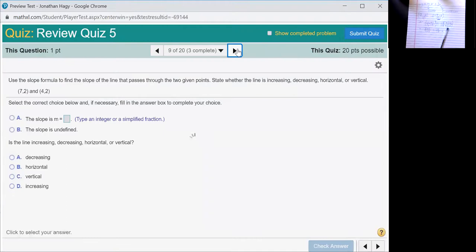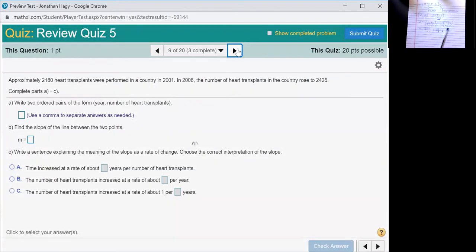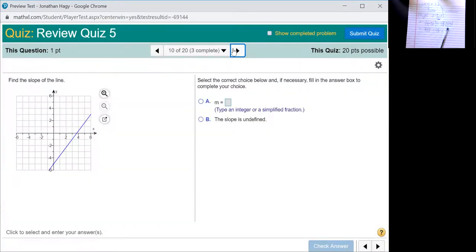This is the same kind of problem. So here, we're finding the slope from a graph. We're going to use the same definition of slope, rise over run. So what we're going to do is go from here to any other point on the line. So let me use this point right here and this point right here.